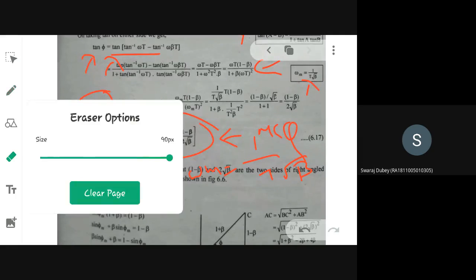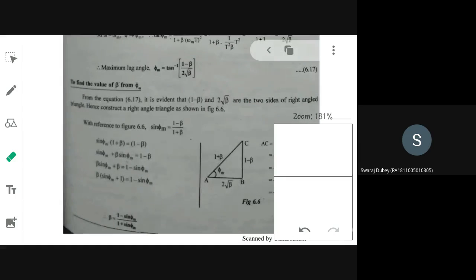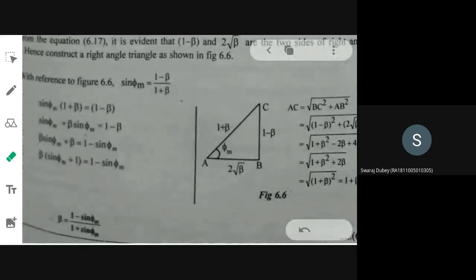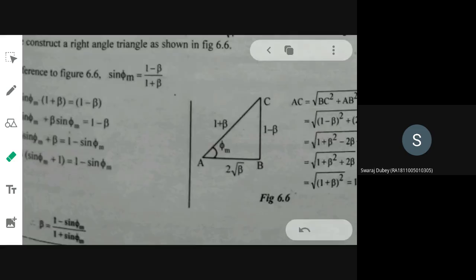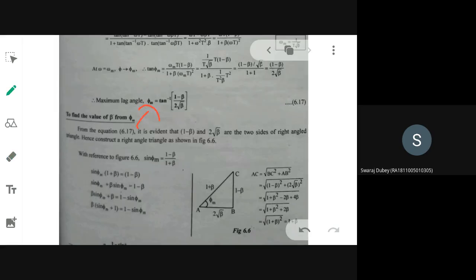Now with this, if you are drawing a right angle triangle, you know the formula for phi m. Tan phi m will be equivalent to (1 minus beta) divided by 2 square root of beta. You know what tan is? Tan is given by opposite divided by adjacent.